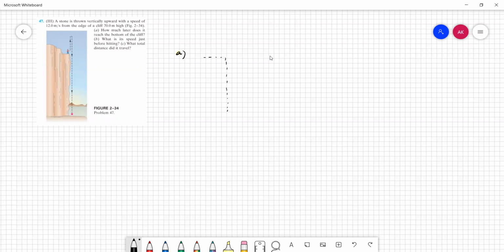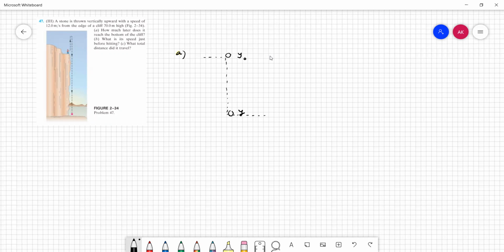It's important that we exactly know the initial and final position, because you're gonna use the kinematics equation for that. Right there is the initial position, and the final position is right at the ground. We are trying to find the time for those two positions.